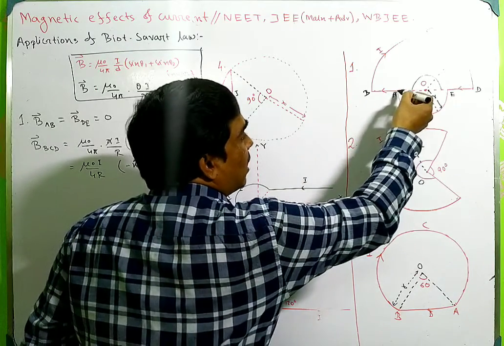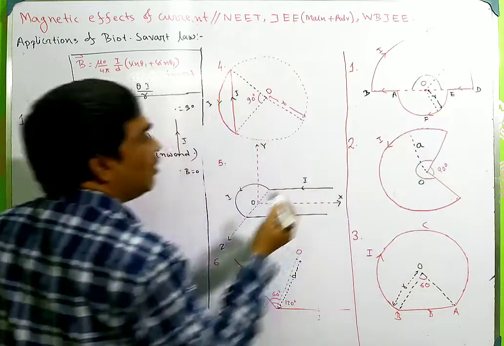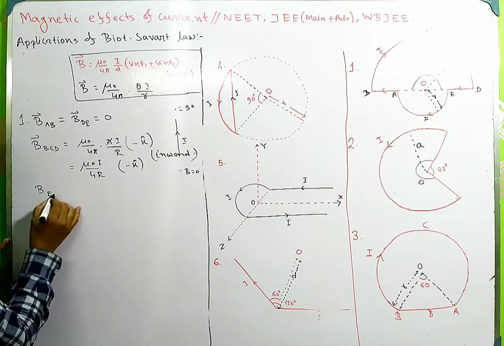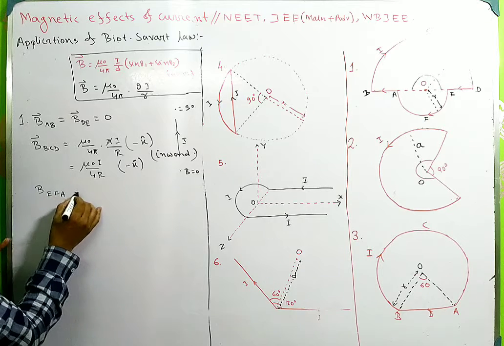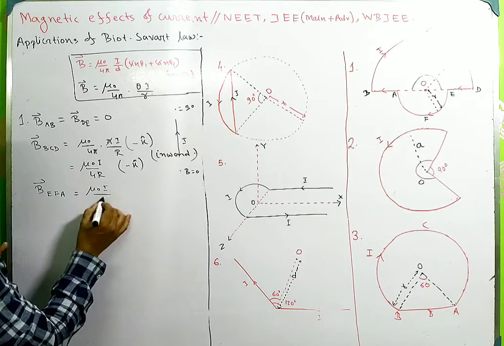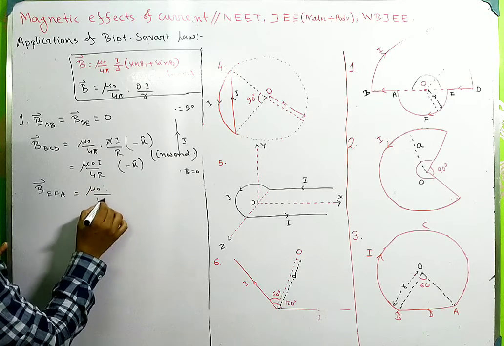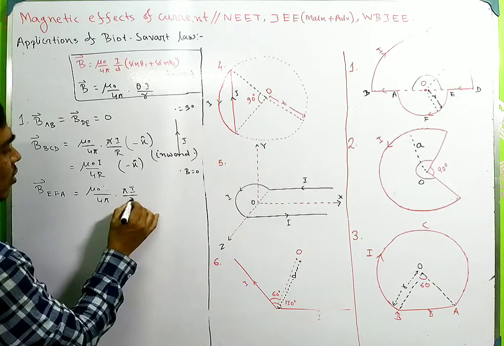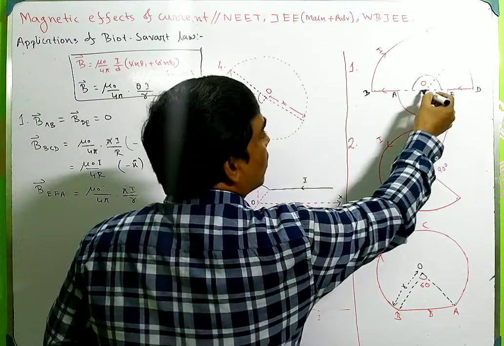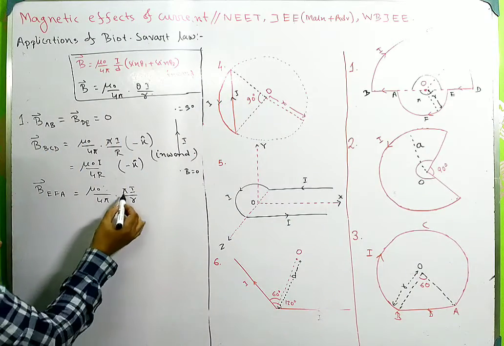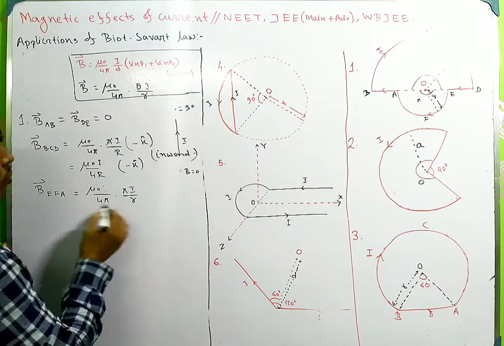Similarly, the magnetic field due to this portion, EFA, is given by mu0 by 4 pi into pi by small r, because this angle is also pi. So it will be pi I by small r.